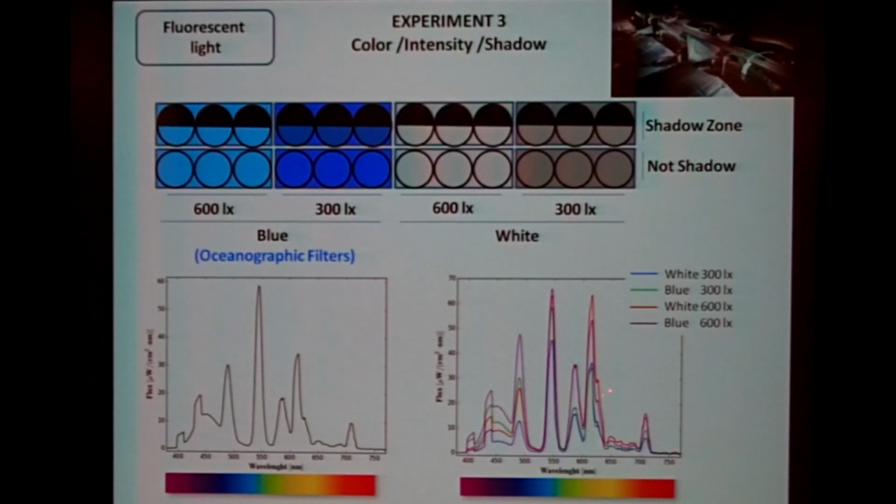For example, here you can see what happens when you use different filters. The blue oceanographic filter increases the blue light, when you compare with white, for example. But the white light, without filter, increases the other colors, for example the yellow color, or also the red color.